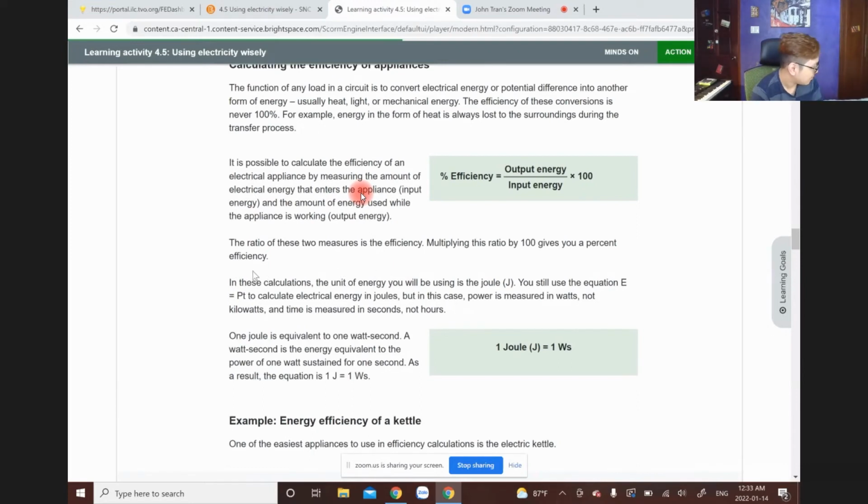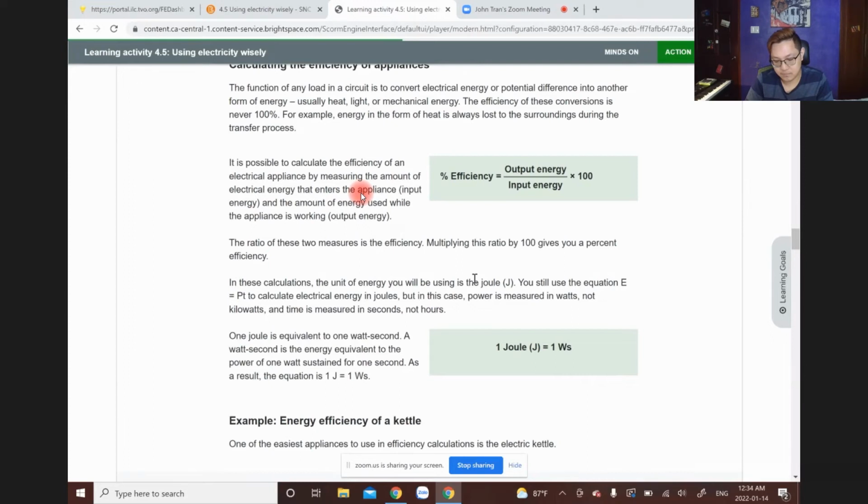Consolidate knowledge. In this calculation, the unit of energy you will be using is the joule. You will use the equation E = PT to calculate electrical energy in joules, but in this case power is measured in watts, not kilowatts, and time is measured in seconds, not hours. One joule is equivalent to 1 watt second.